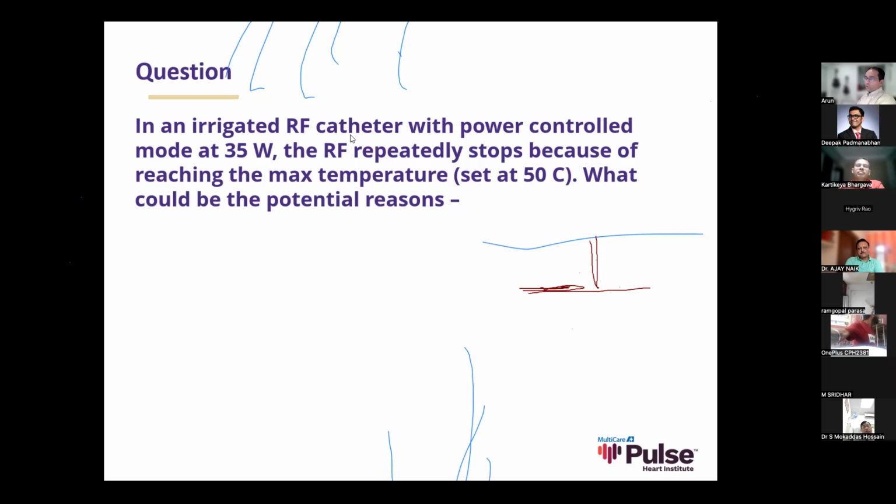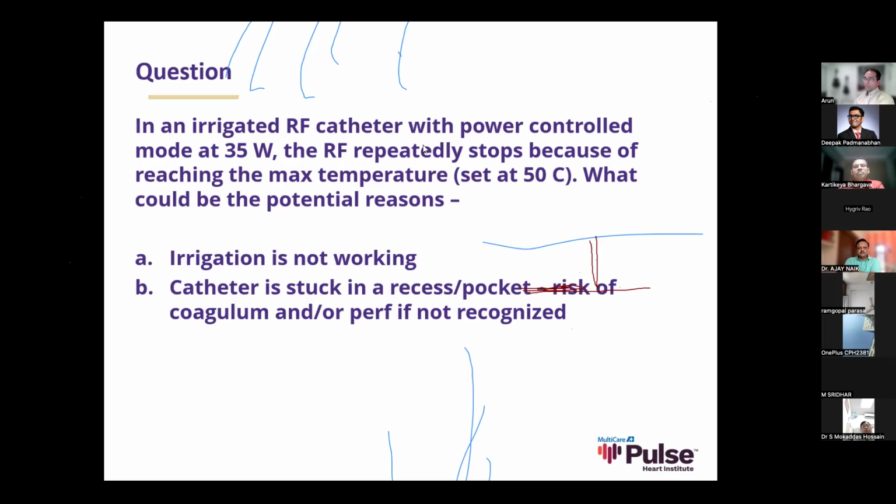So we'll go to a question again. In an irrigated RF ablation catheter with power control mode at 35 watts, the RF repeatedly stops because of reaching the max temperature set at 50. What could be the potential reasons? Irrigation is not working. Catheter is stuck in a recess or a pocket.